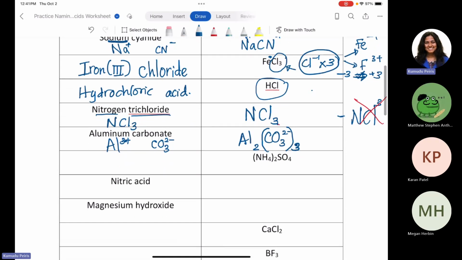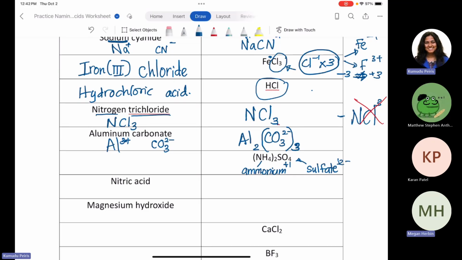Next one, both of those are multi-atom ions. This is ammonium, and the other one is sulfate. Right. So ammonium makes the plus 1 ions. Sulfate makes the -2.